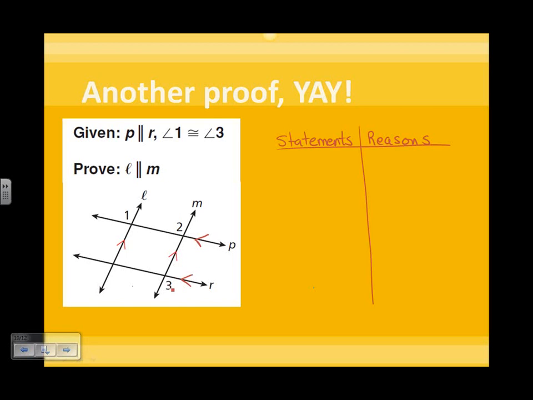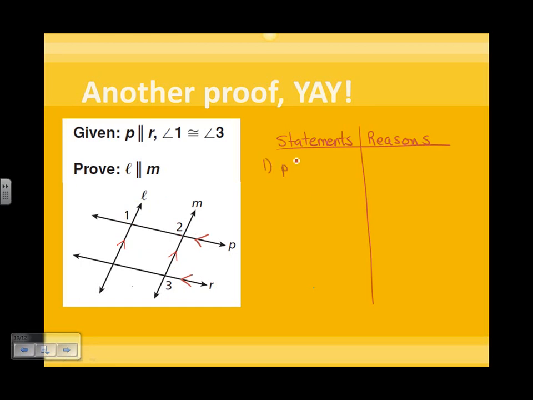Angle 2 is also congruent to angle 3 by the exterior angles theorem, and if we have 1 congruent to 3 and 2 congruent to 3, we can use the transitive property to say that 1 is congruent to 2, and then the converse to say that line L is parallel to M. So if you didn't follow that, I'm going to do it right now.